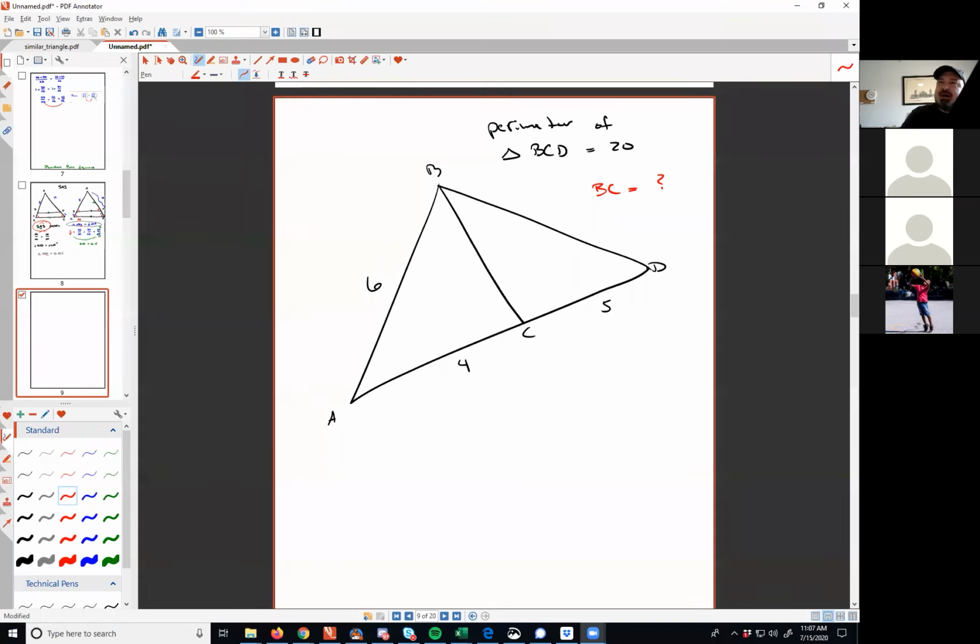Has anybody spotted any equal ratios? Yes. What do you see, David?